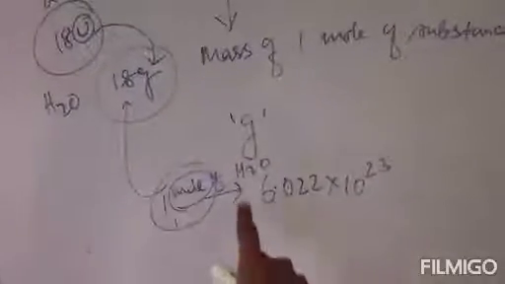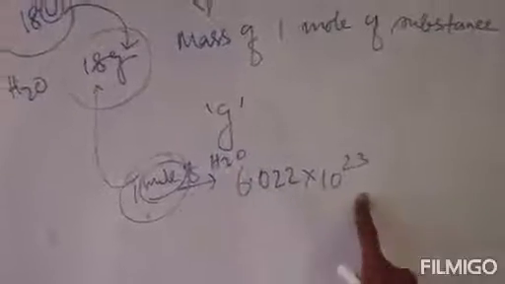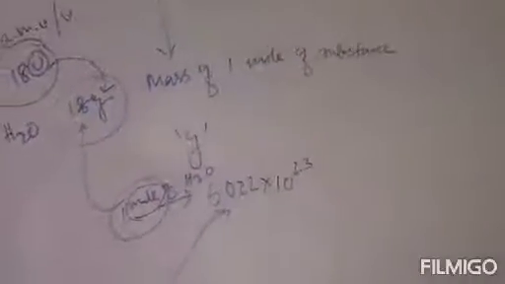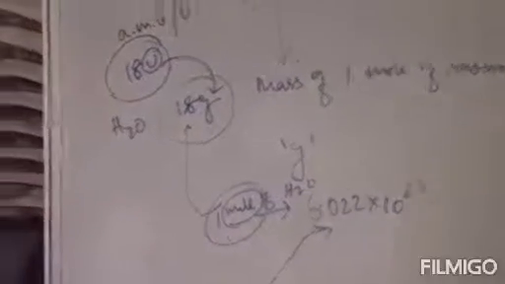So 1 mole of water means 18 gram of water, that means molecular mass or molar mass or gram atomic mass. So 1 mole of H2O contains this number of particles, and 18 gram of water will also contain this number of particles.